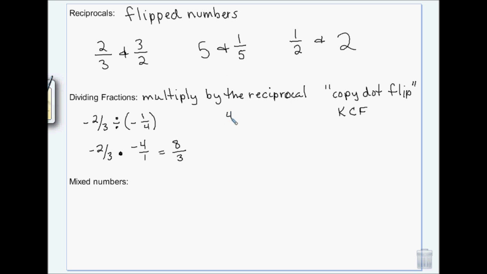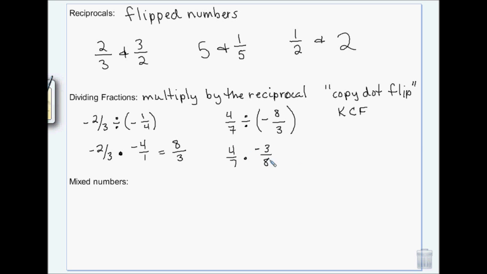If I have a positive divided by a negative, my answer is going to be negative, but I'm going to copy, I'm going to dot, and I'm going to flip, and now I can cross cancel.